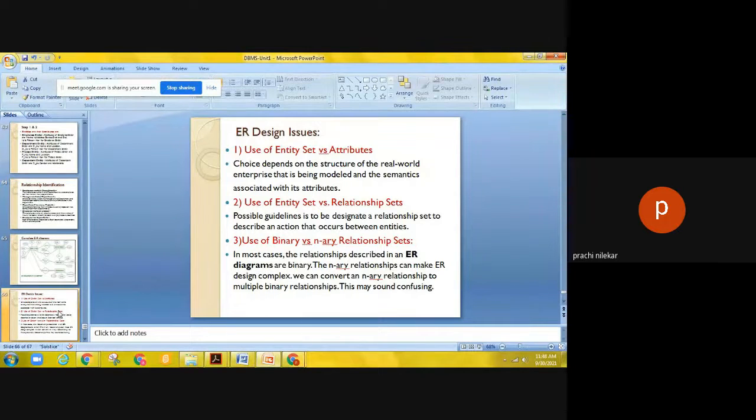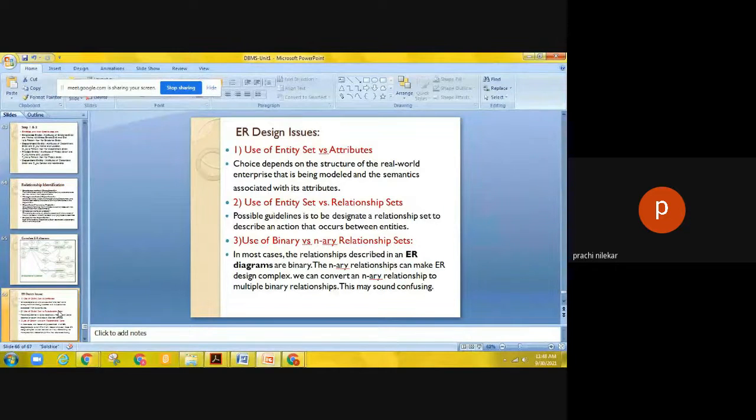The third issue is the use of binary versus n-ary relationship sets. In most cases, the relationships described in an ER diagram are binary. An n-ary relationship can make the ER design complex, and we can convert it into multiple binary relationships.